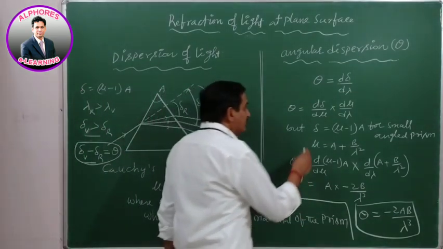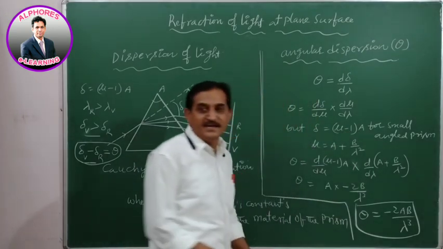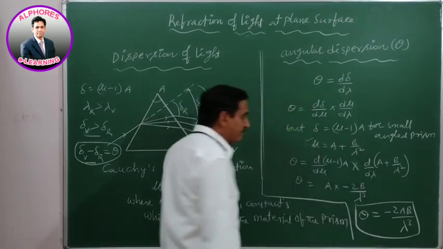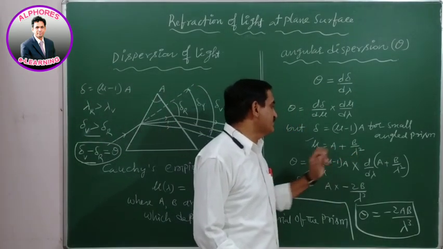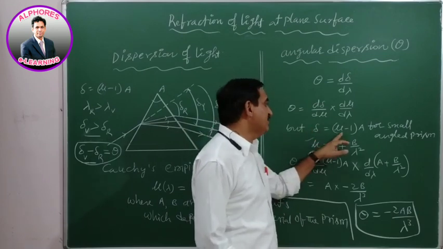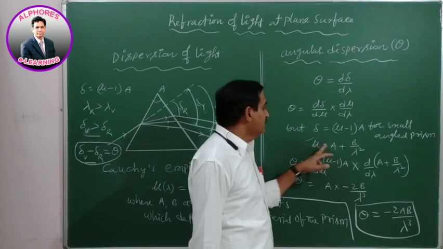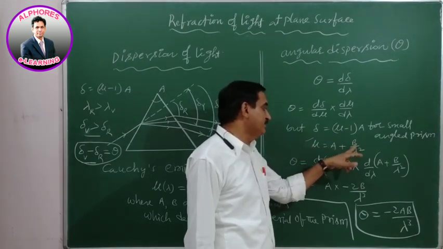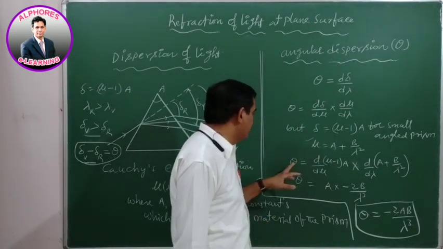Here delta is equal to mu minus 1 into A for a small angled prism, and Cauchy gave an empirical formula, mu is equal to A plus B by lambda square. These two values are substituted in this equation.